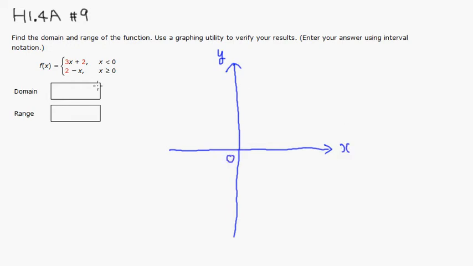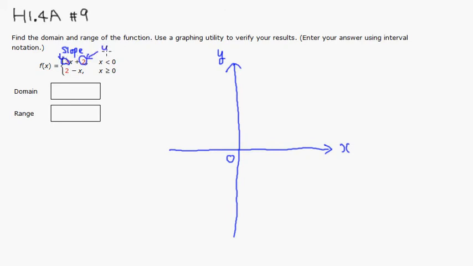Right, so the first equation is a linear function, 3x plus 2. So 3 is the slope. Oh, sorry, I can't see, so slope. And 2 is the y-intercept.